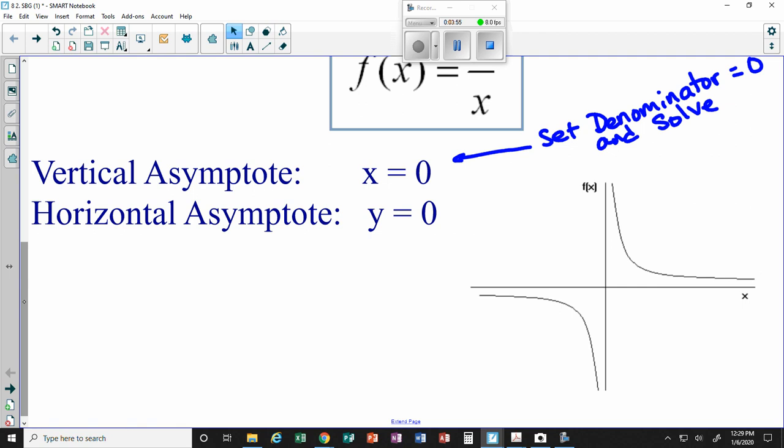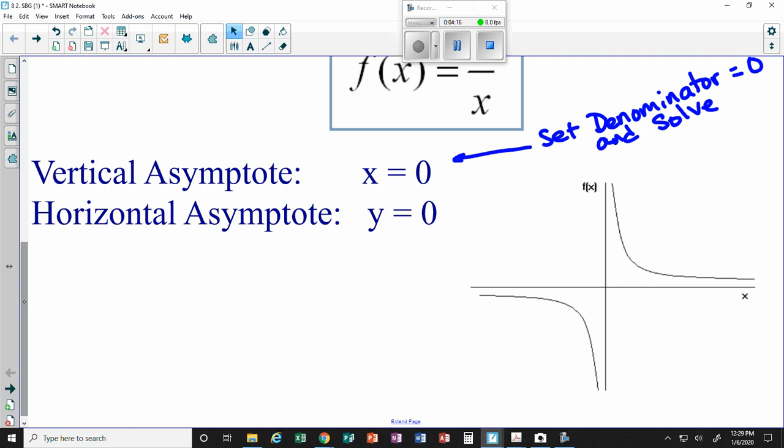It doesn't cross it. It's going to approach, but never touch. A vertical asymptote you can never cross. With some of the more complicated functions, you can cross a horizontal asymptote, but then they'll come back and go along it out at the ends.